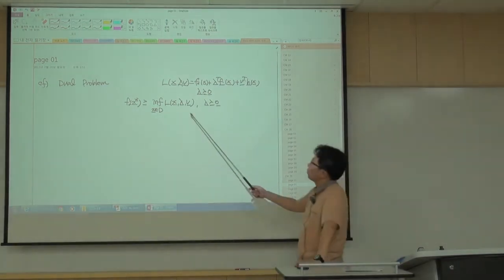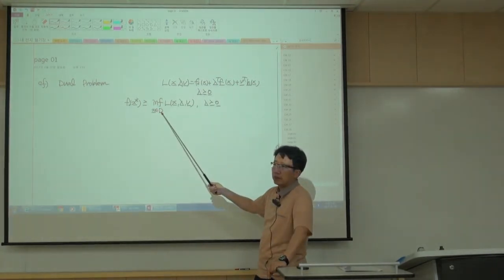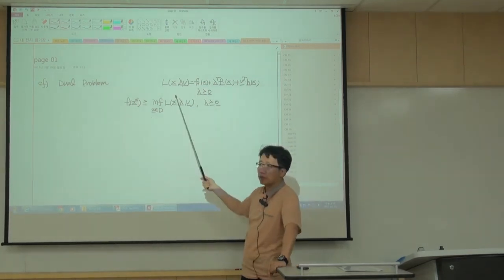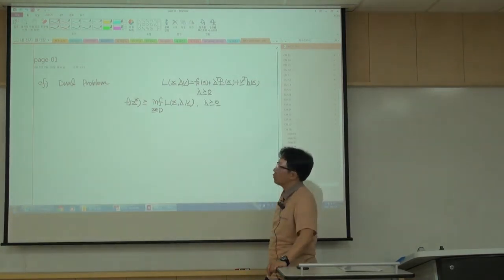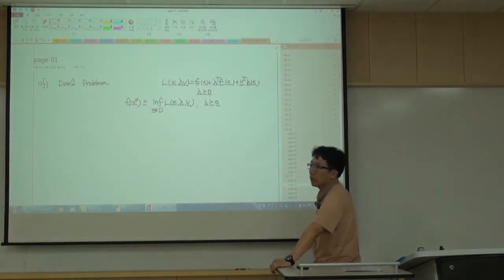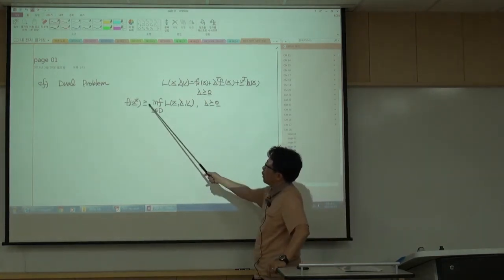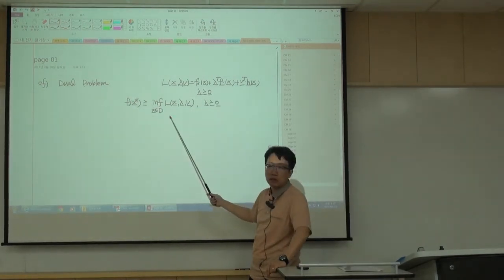Why is this so? First, consider x in omega. Then what happens? They are the same, right? Or, depending on this value, we may achieve a smaller value. So anyway, even with omega, we have this inequality. Now we increase the search space.